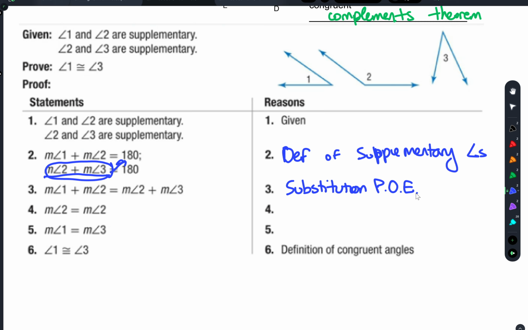Not simplify. It's equal to itself. Angle 2 equals angle 2. Not symmetric. Which one's this equal to itself? Reflexive says that it's equal to itself.